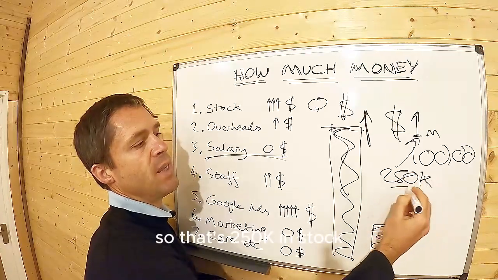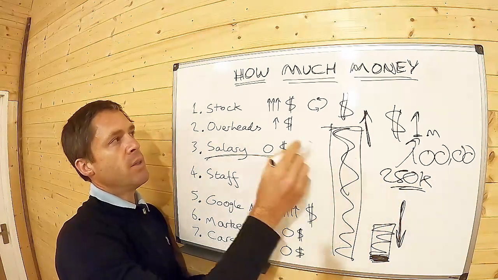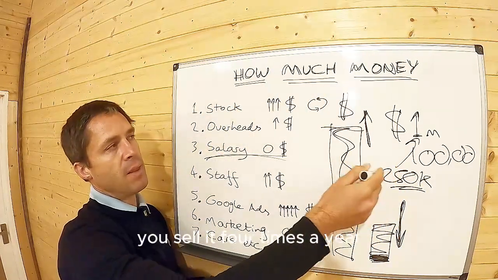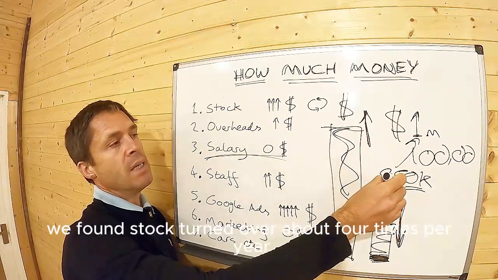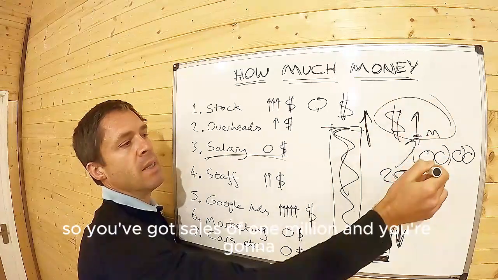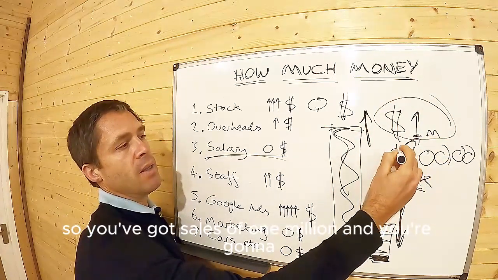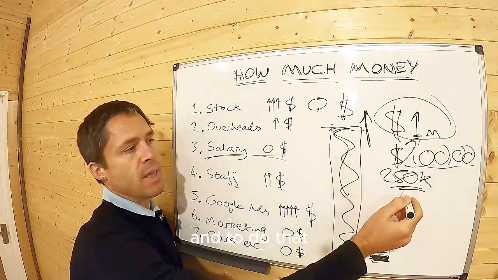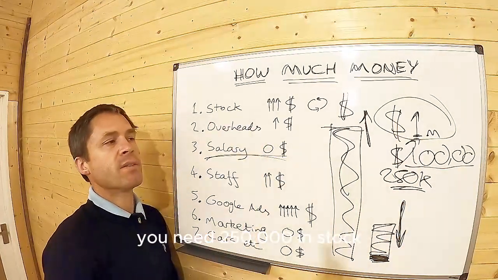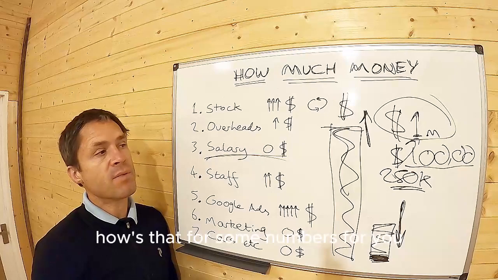So that's 250k in stock. You sell it 4 times a year. This is what we found. We found stock turned over about 4 times per year. So you've got sales of 1 million and you're going to be left with 100,000. And to do that, you need 250,000 in stock. How's that for some numbers for you?